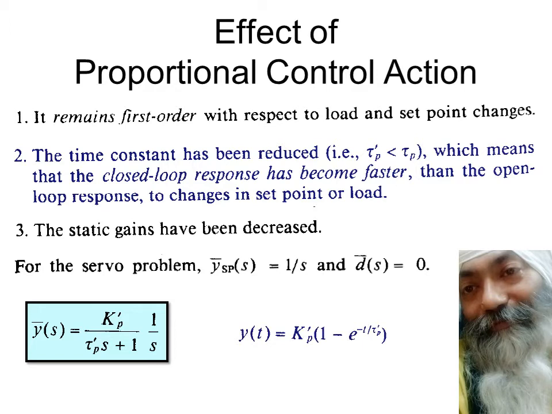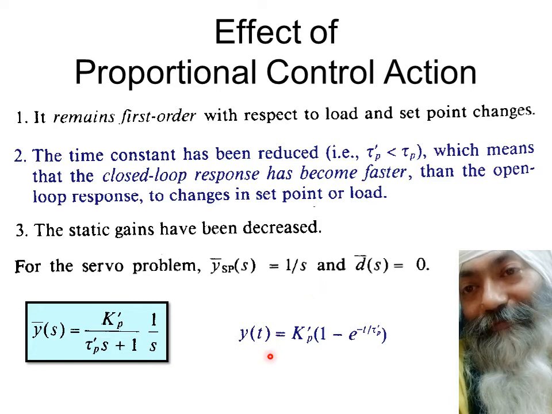Taking the Laplace inverse, I get y(t) equal to, I'm simply inverting it, and this is something very interesting. I had given a step change. Step change means that the set point has changed from 0 to 1. So the final value I'm expecting the process to follow and reach is 1.